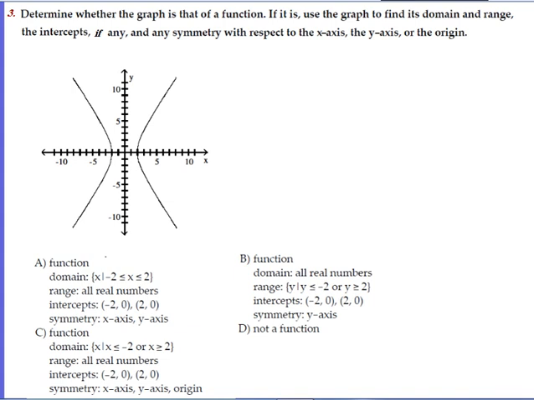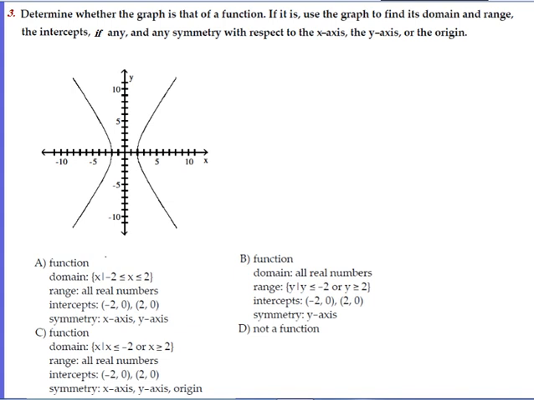Number 3, determine whether the graph is that of a function. If it is, use the graph to find its domain and range, the intercepts, if any, and any symmetry with respect to the x-axis, the y-axis, or the origin.